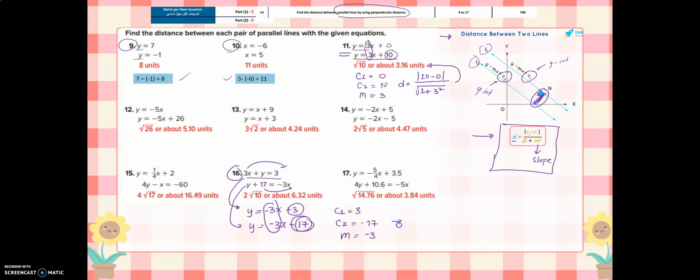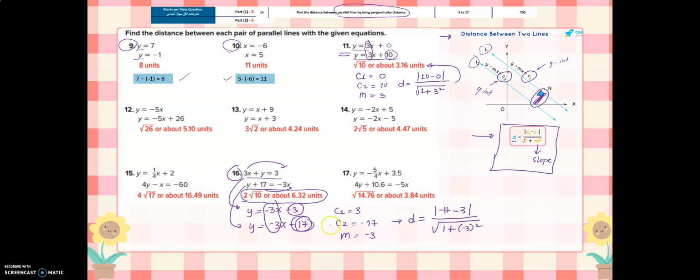So we just need to substitute the value. C2 is negative 17. So plug it here, minus 3. Okay, all over the square root of 1 plus your slope, which is negative 3 squared. So when you enter this in your calculator, what you'll get is 2 square root of 10, or if the decimal is given, it should be 6.32 units.